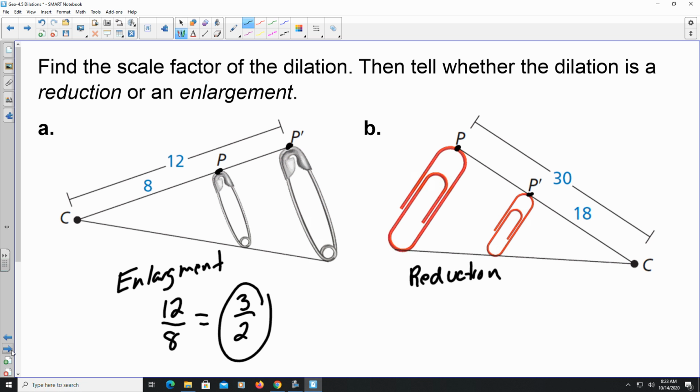And again, since it's a reduction, the smaller number gets placed at the top, and the larger number gets placed at the bottom. When we reduce the fraction, it goes to 3/5. So my value for the scale factor is 3/5. So it's 3/5 as small as the original figure.